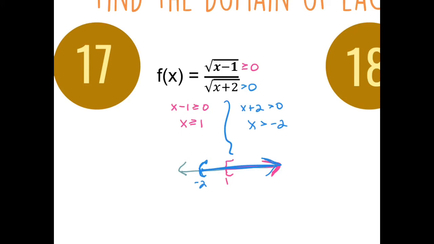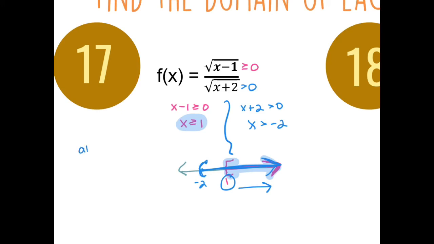Now both of these have to be true in order for a value to work in that function. So I only take where the overlap happens, which starts at positive 1 and goes to positive infinity, or this part of my inequality.